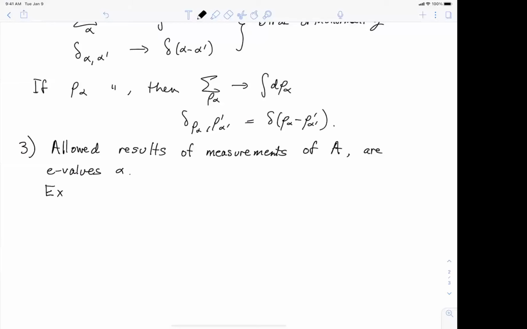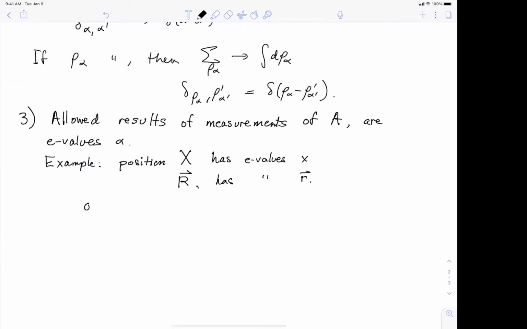And so, for example, if your observable is the position operator X, and we do operators with capital letters, that has eigenvalues that we're calling little x. If it's a three-dimensional position operator, then that has eigenvalues that are the three-dimensional vectors. That's an example where your eigenvalue is a set of numbers rather than just a number.